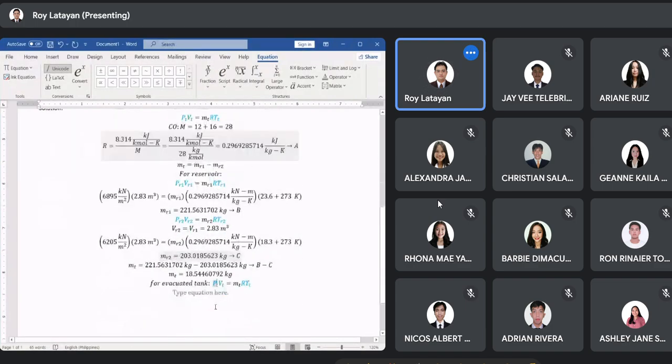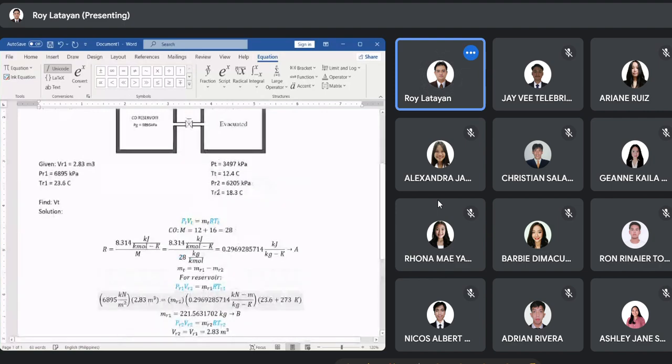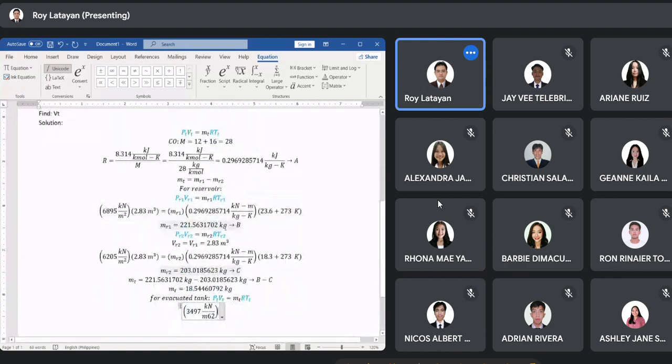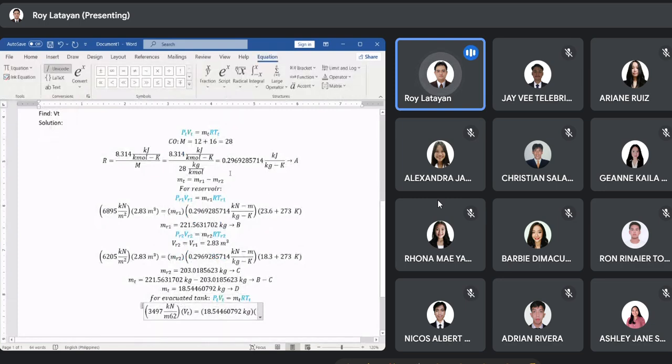So, the tank has a pressure of 3497 kPa. Volume ng tank, ito yung hinahanap natin. Mass ng tank, we have obtained that last time. Tapos, ito kunyari, store mo sa C. Store mo sa D. Tapos, value ng R. Yung R yung gamit na value.